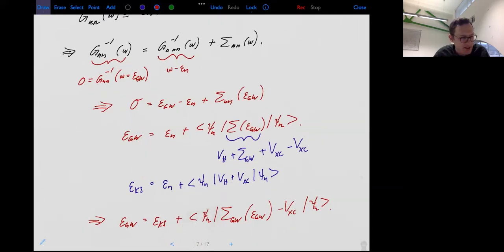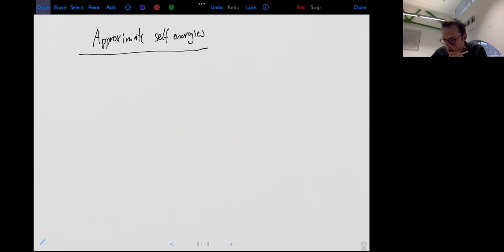Okay, but now is the time to think about how we can approximate the self energies. In other words, which diagrams in this complicated infinite series should we retain and go through the effort of actually evaluating, and which diagrams can we neglect?